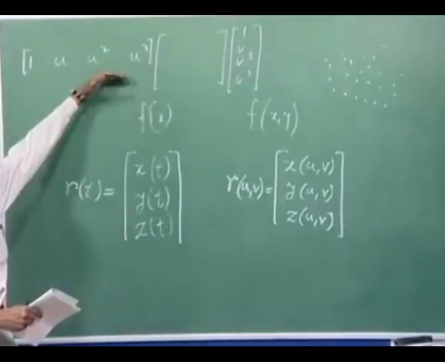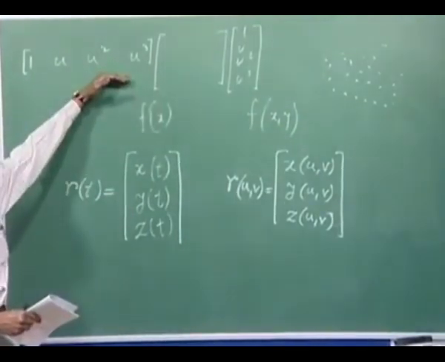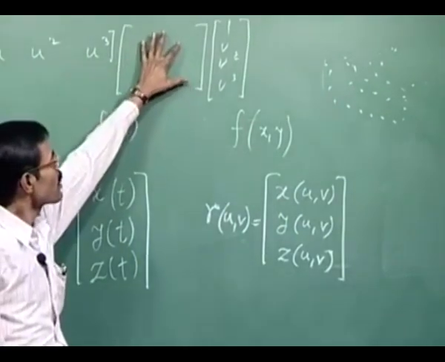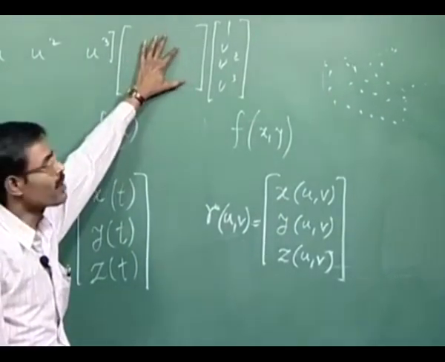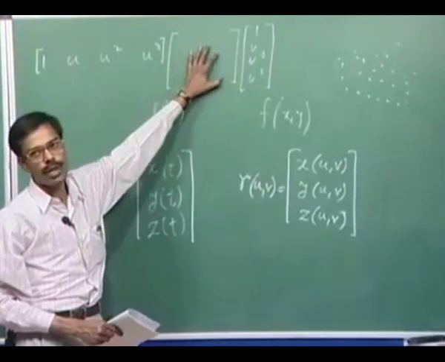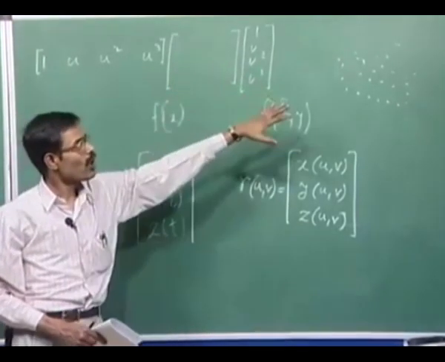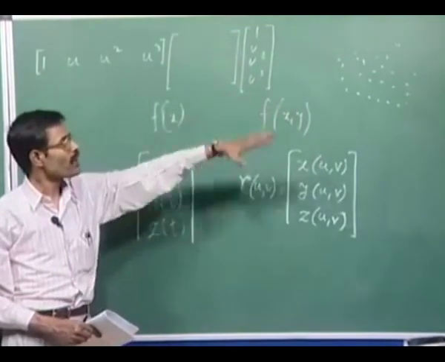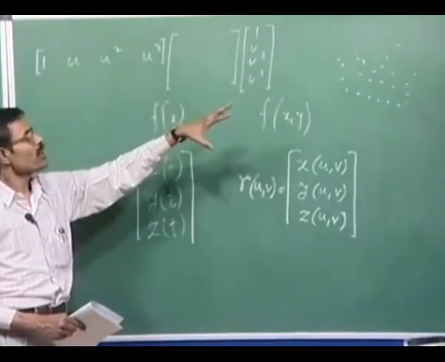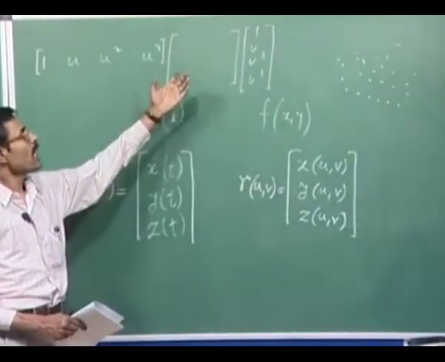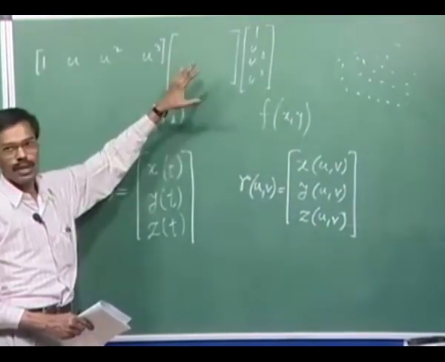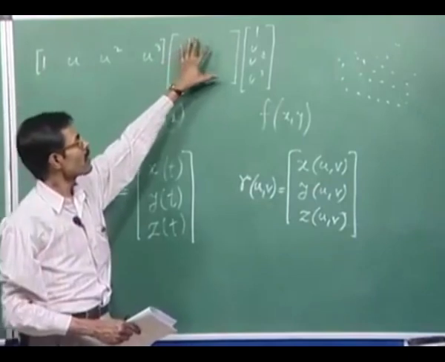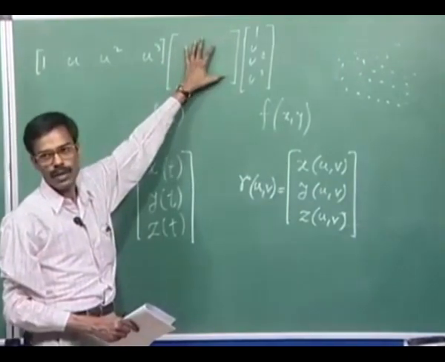Now, you have three such expressions for x of u v, y of u v and z of u v, and you want to determine the three 4 by 4 matrices for the x coordinate, y coordinate and z coordinate. With all the points that are given to you as points on the surface, you can use those points as the set of data, frame equations for the x, y and z coordinates, and from that determine these three 4 by 4 matrices.